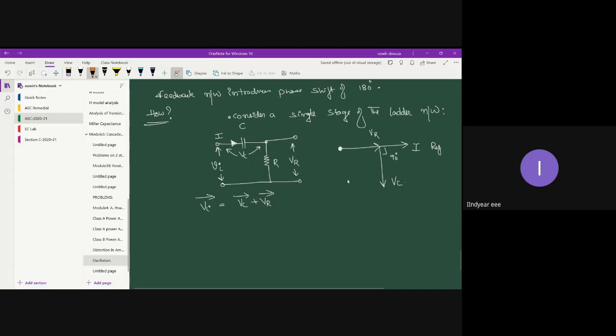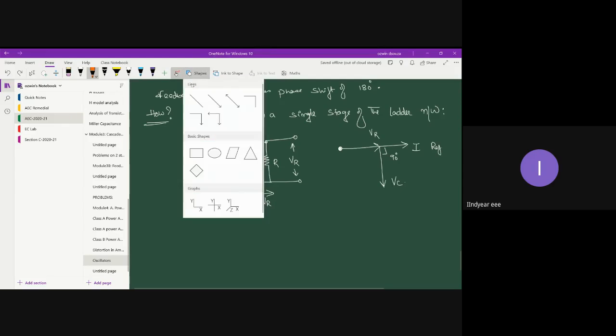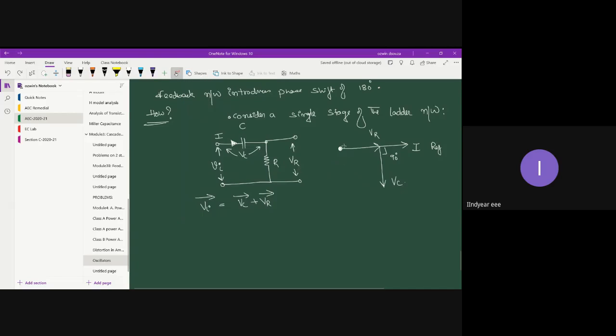So the closing side of the triangle gives the resultant, so this is VI.